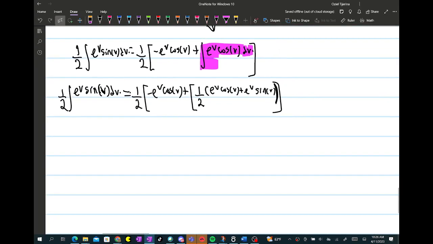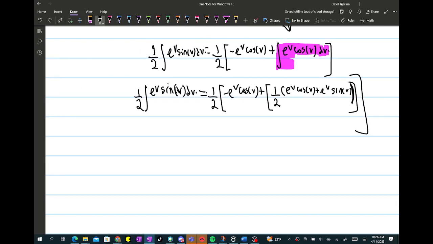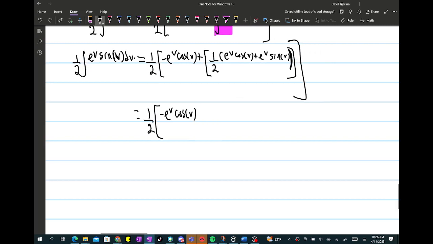And now what we're going to do is say this is equal to 1/2 times negative e to the v cosine of v, plus e to the v cosine of v plus e to the v sine of v all over 2.